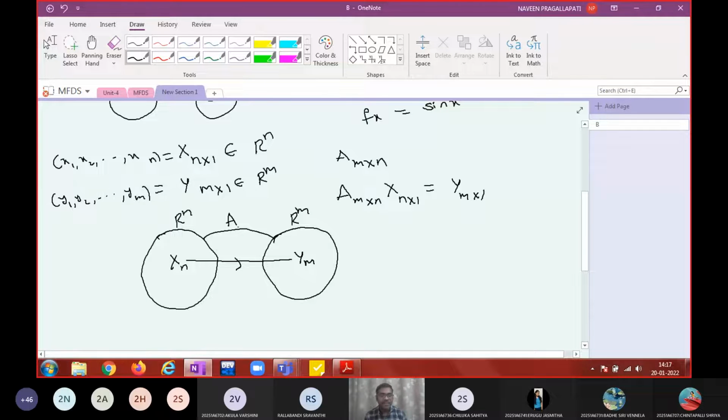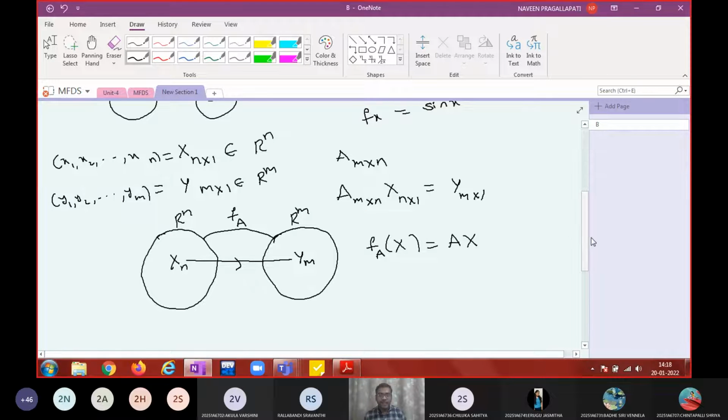So how is this function defined? Actually, this is not A, this is, let us say, f. How is f related to the matrix A? Because I am considering a matrix A, let me call this a function associated with the symbol A, f subscript A. I define f A of x as Ax. If you put B, it is Bx, if you put C, Cx, like this.